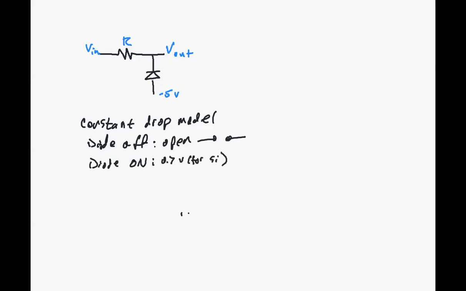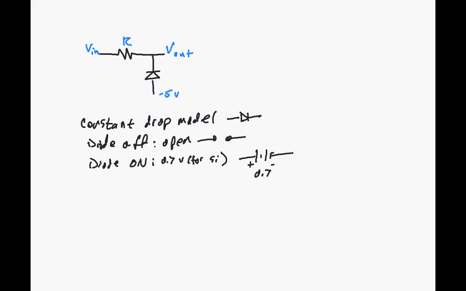So if the diode is facing this way, then it becomes a voltage source with 0.7 volts on it. But like I say, there's no current supplied by that. It's simply a 0.7 volt source appearing in place of the diode.